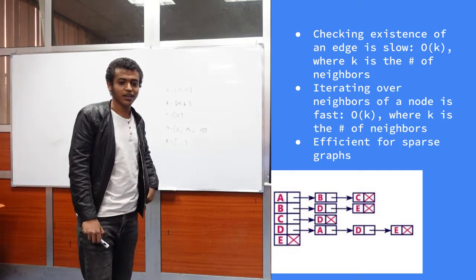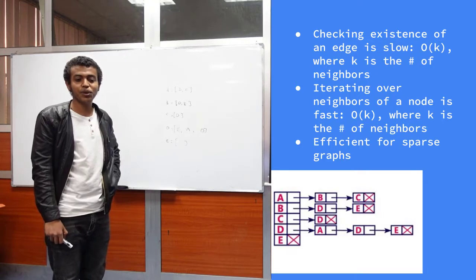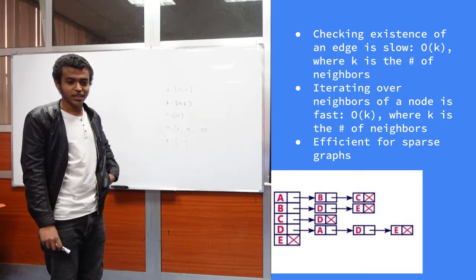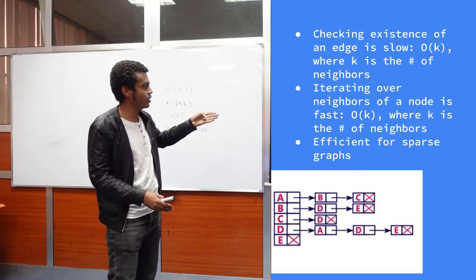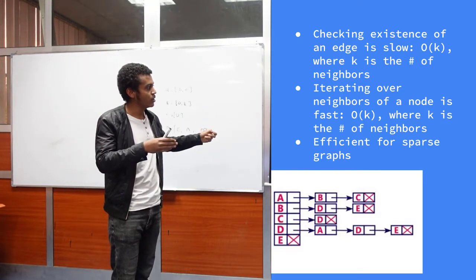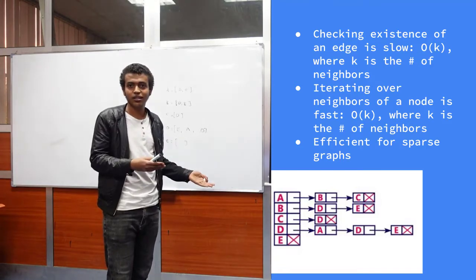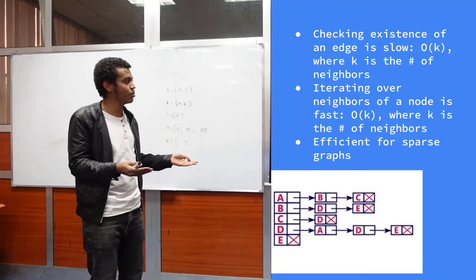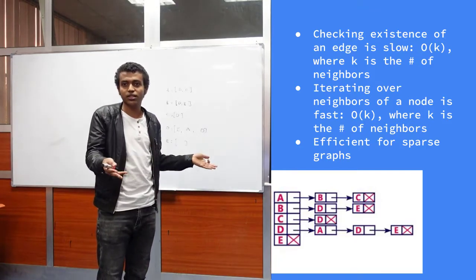So the reason we said adjacency matrix is better for dense graphs is that dense graphs means almost every vertex is interconnected. Is that clear? That means there's almost always an edge between two vertices.